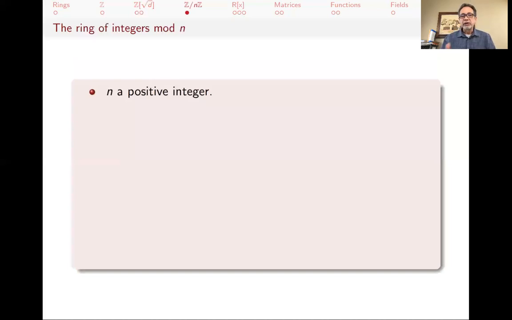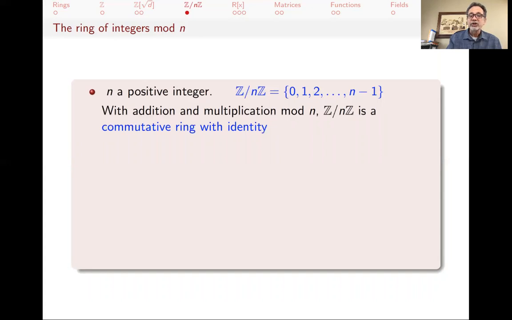Okay, on to our next example, integers mod n. You pick a positive integer n, which should actually be greater than 1, so 2 or larger. Z mod nZ you can think of as the integers 0, 1, 2 through n minus 1, and addition and multiplication are mod n.